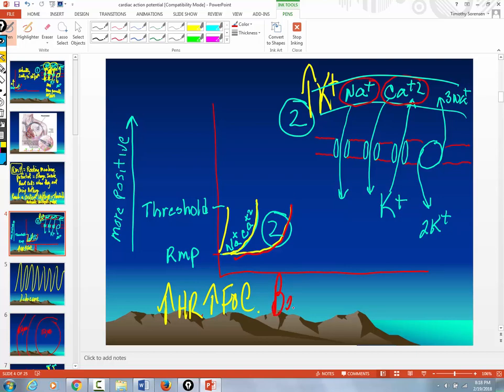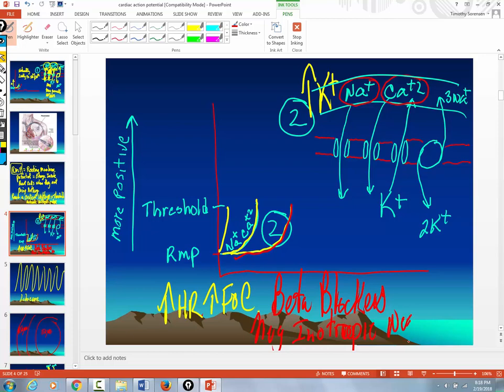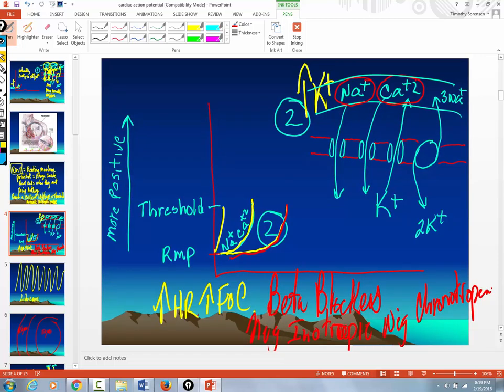So beta blockers are a negative inotropic and negative chronotropic agent. They reduce heart rate and force of contraction, and therefore blood pressure.